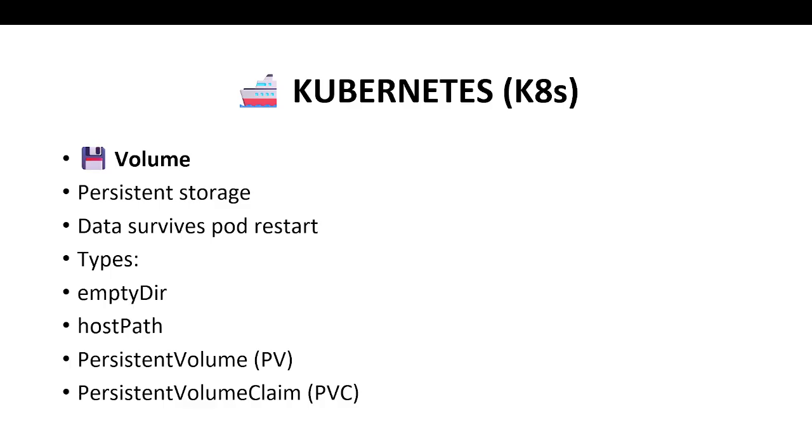Volumes are useful for persistent storage, and the data survives pod restart. Types: emptyDir, hostPath, persistent volume PV, persistent volume claim PVC. So it contains all these parameters, and we will configure them.